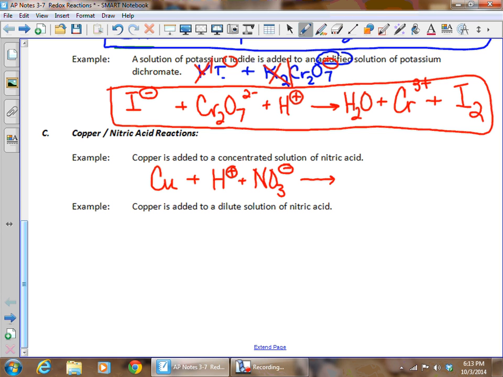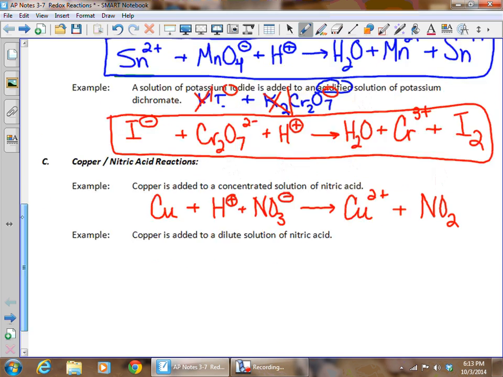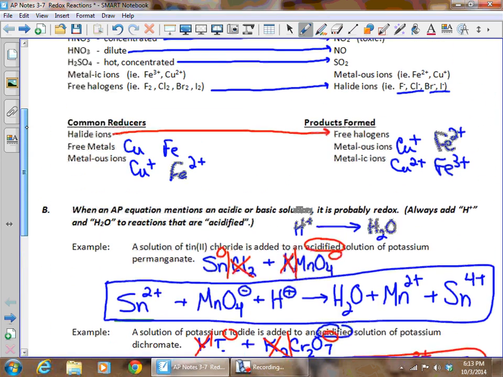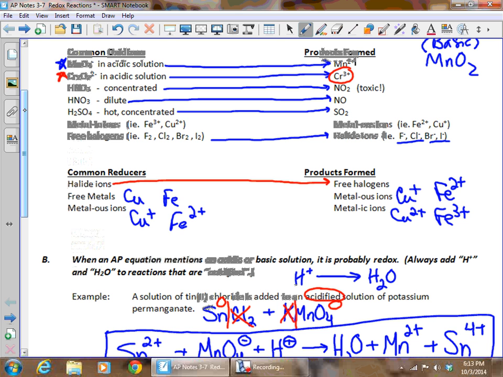And what's going to happen is that we're going to form that copper compound, or we'll show it as a Cu2+. It's going to form Cu2+, it's going to oxidize, and since it's concentrated, we get that nasty, if you remember our rule up there, that concentrated NO3- ends up forming, as we see up here, the toxic NO2.